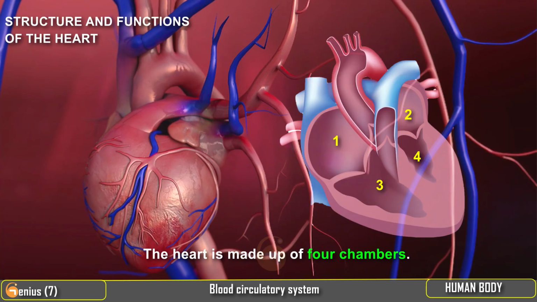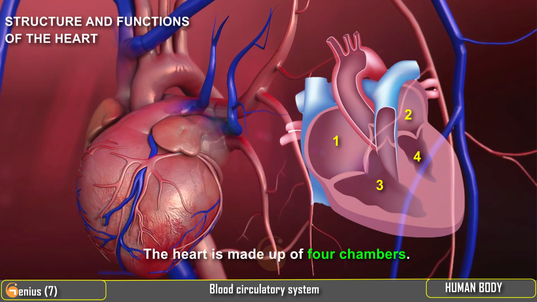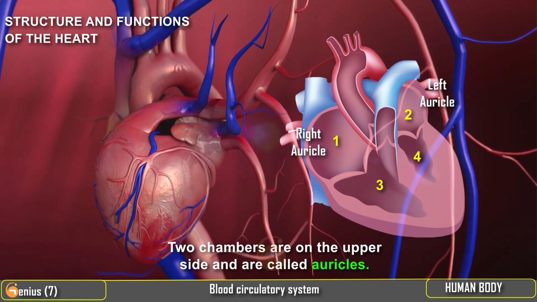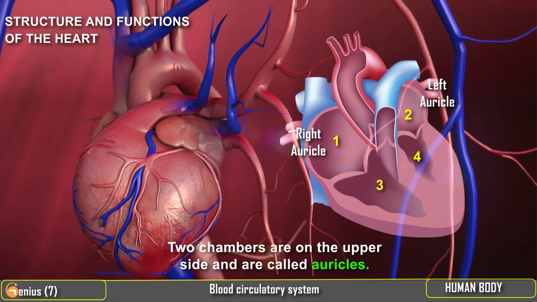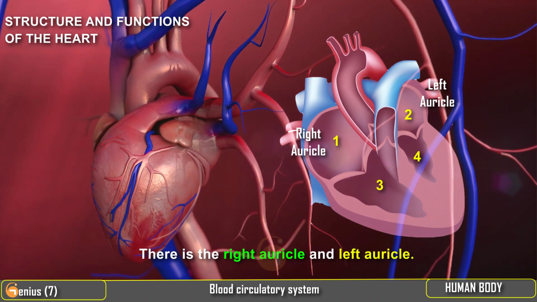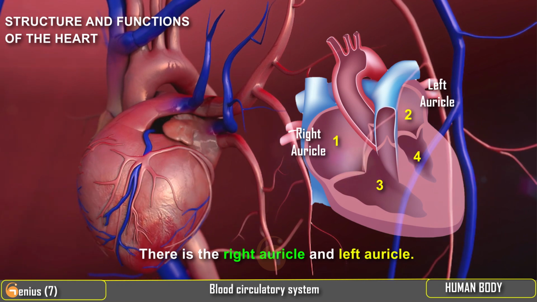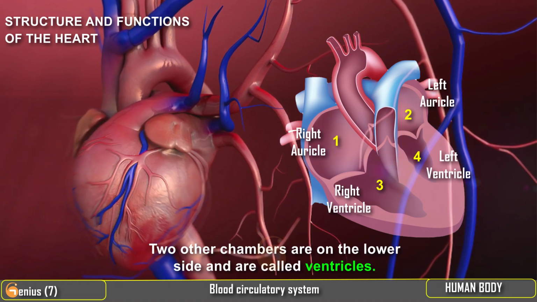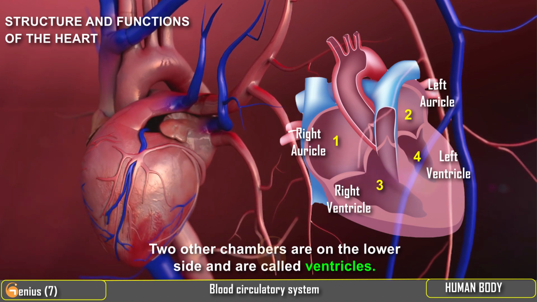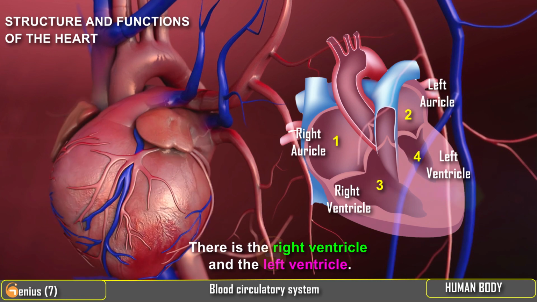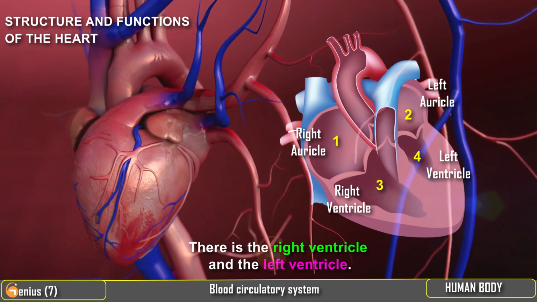The heart is made up of 4 chambers. 2 chambers are on the upper side and are called auricles. There is the right auricle and left auricle. 2 other chambers are on the lower side and are called ventricles. There is the right ventricle and the left ventricle.